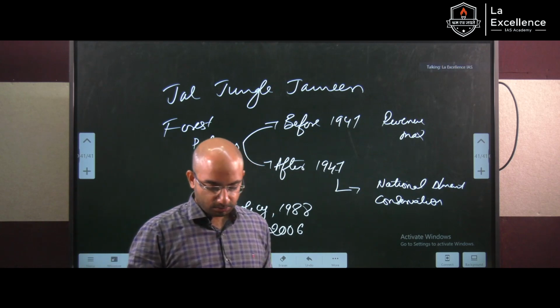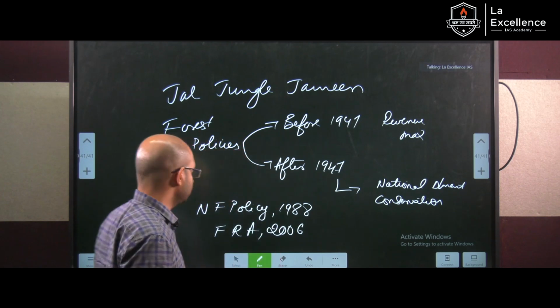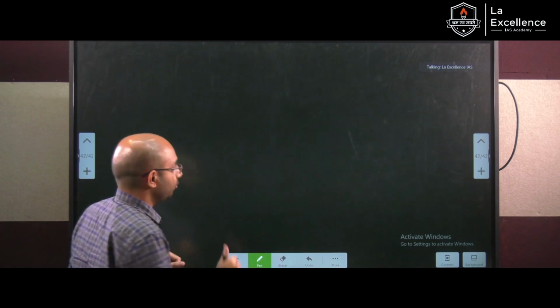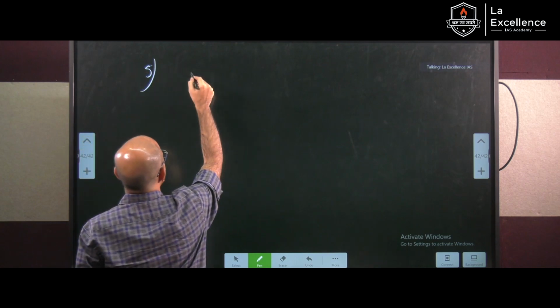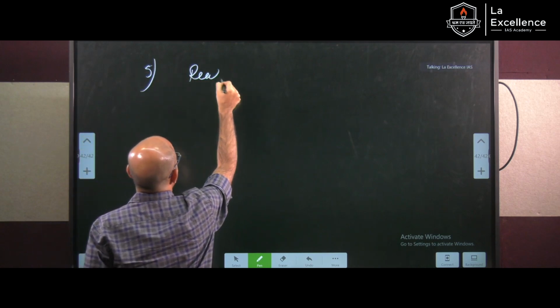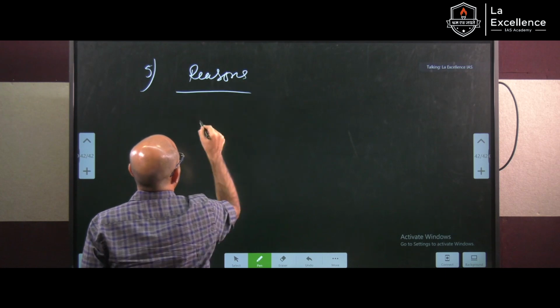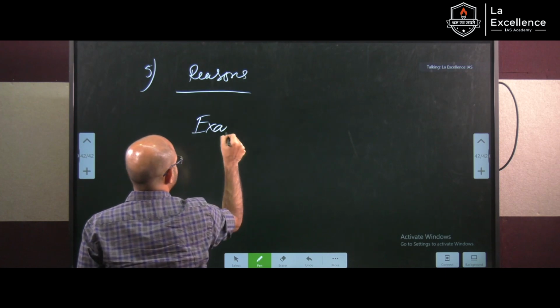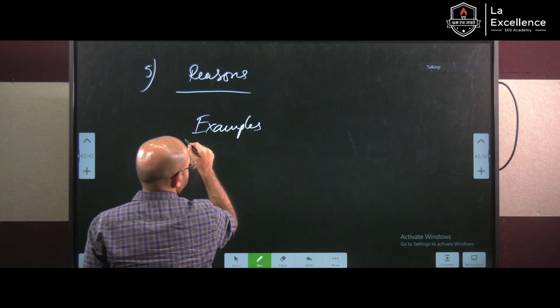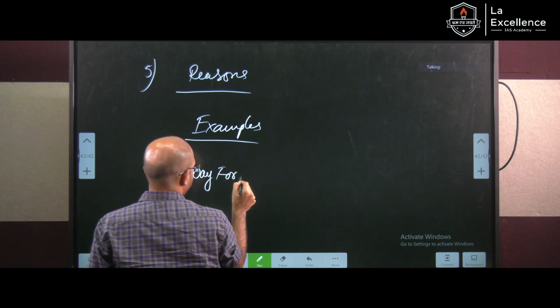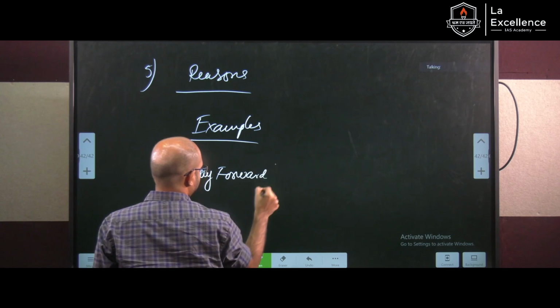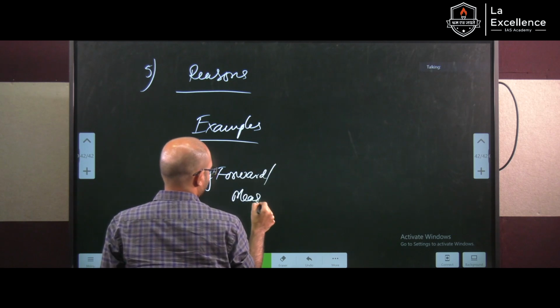Next, indebtedness and bonded labor among tribal communities. This is also another major problem among tribes. So here also discuss simple reasons, examples, way forward and measures.